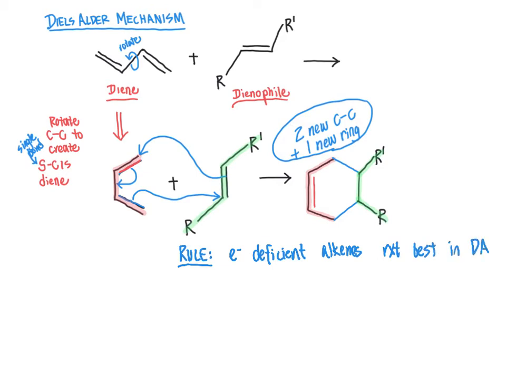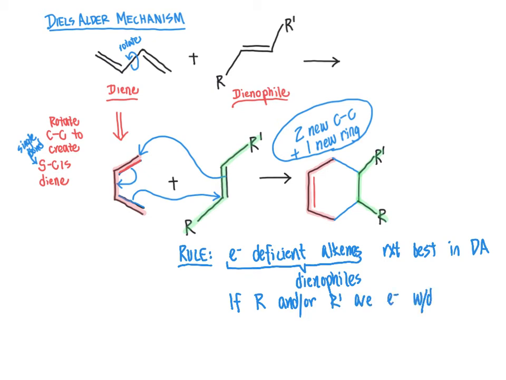And when we say electron deficient alkenes, we're referring to electron deficient dienophiles. So in other words, if R and/or R prime are electron withdrawing, the reaction will be more favorable.